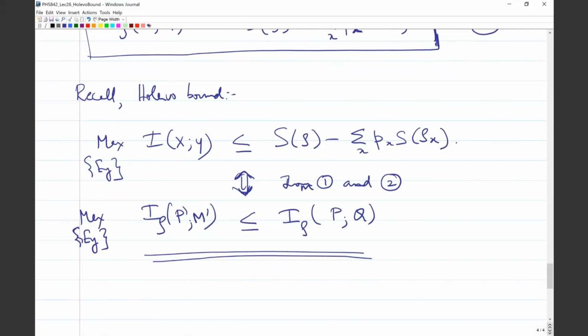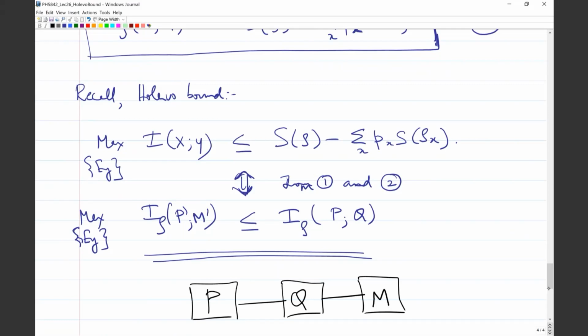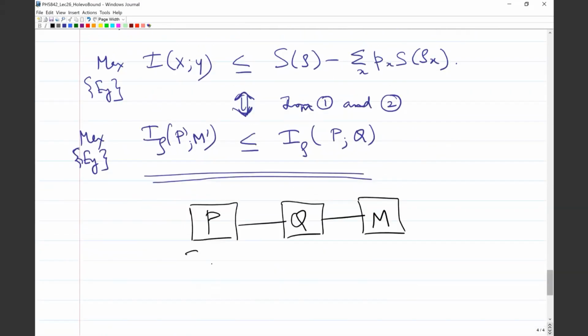So remember now these three systems P, Q, and M. This is the classical index X. This is the corresponding quantum encoding. And this is the final measurement.